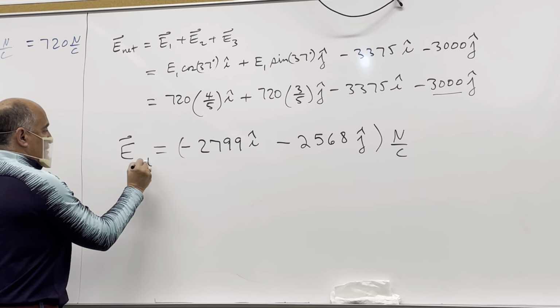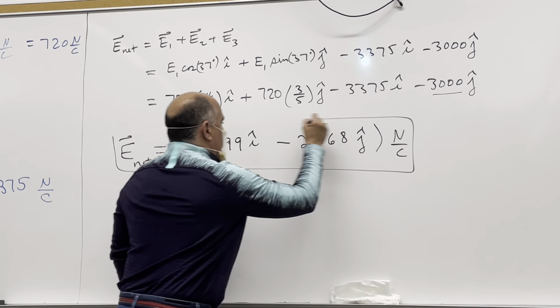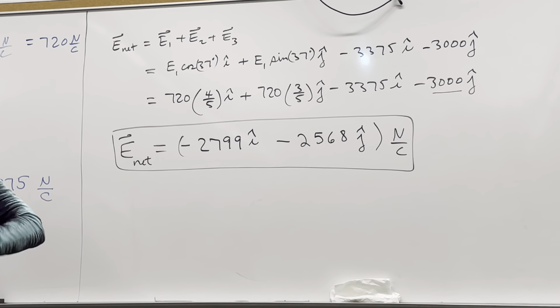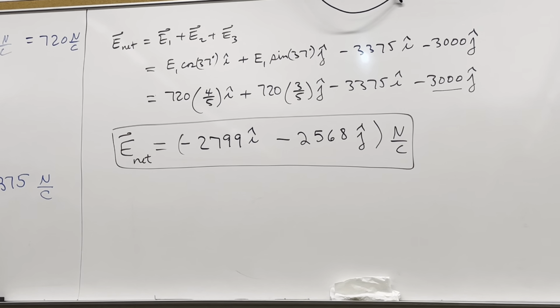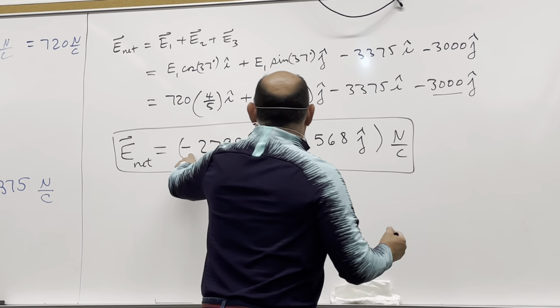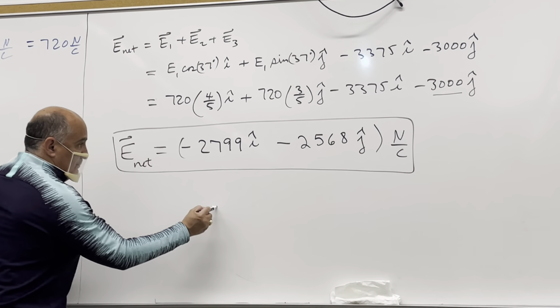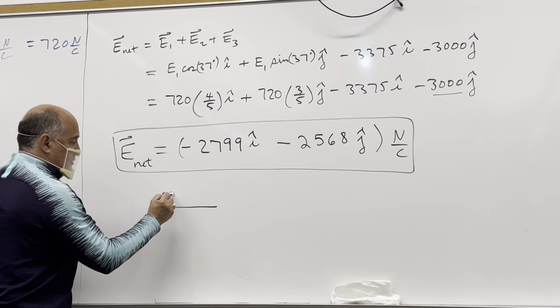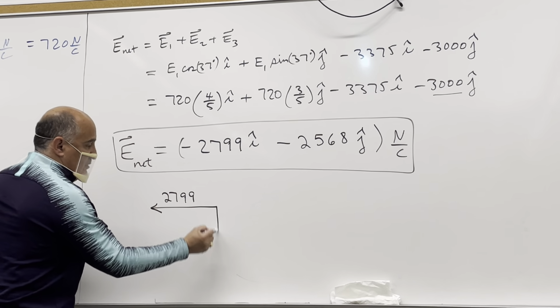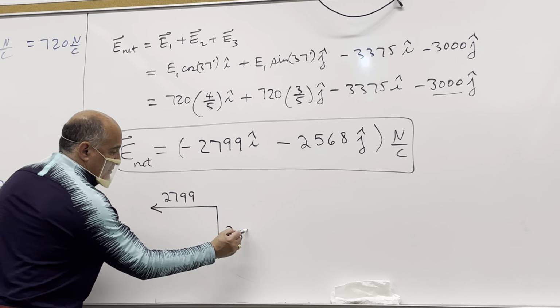But this is not what I asked. Yes, I did ask for the resultant electric field, but the magnitude of it and the direction of it, right? So this electric field has an x component that points to the left, that's 2799, and a y component that points downwards, 2568.